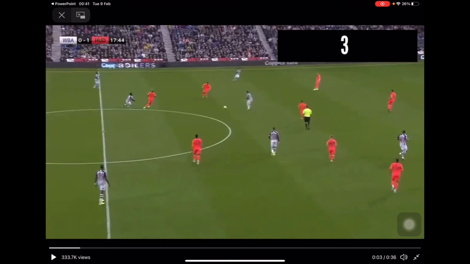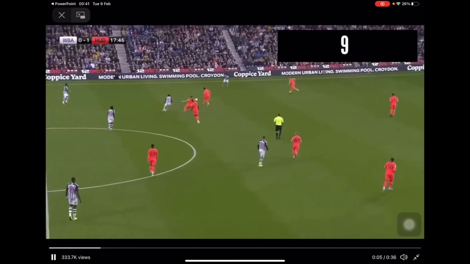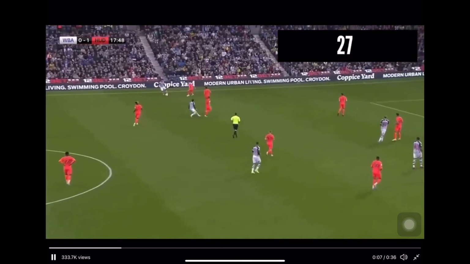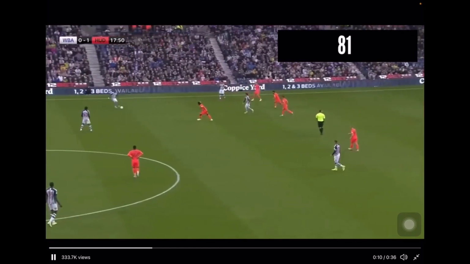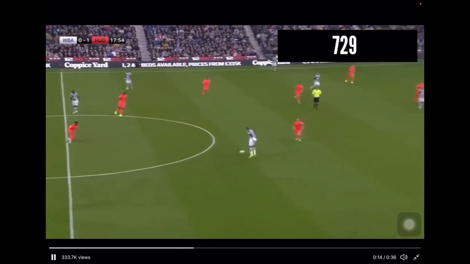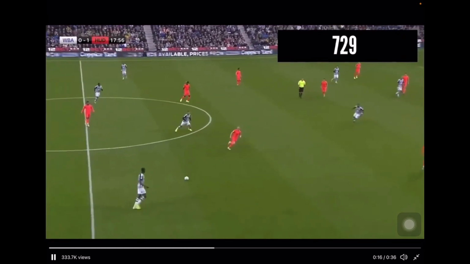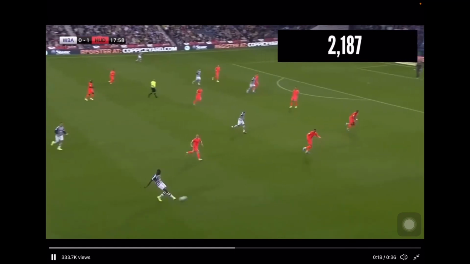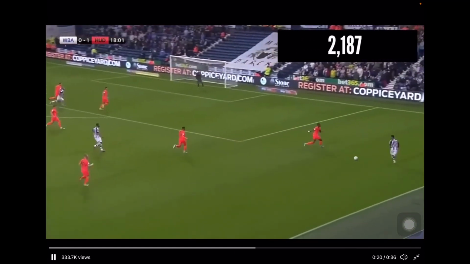So 3 multiplied by 3 gives you 9. Then if we play it on, 9 multiplied by 3 is 27. 27 multiplied by 3 gives you 81. Multiplied by 3 again. And for each pass, we are multiplying by 3.